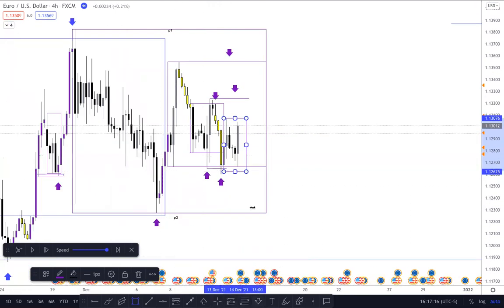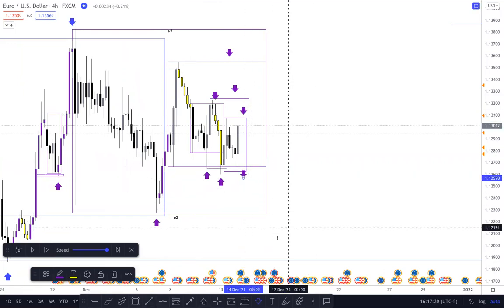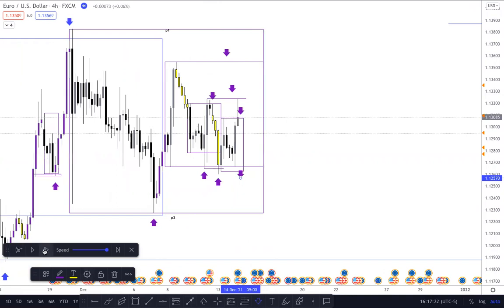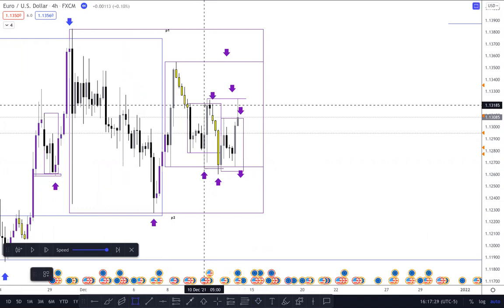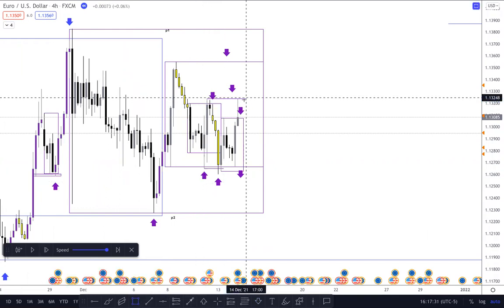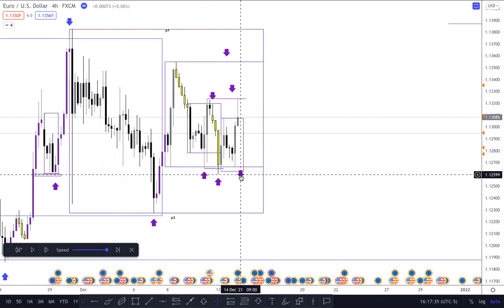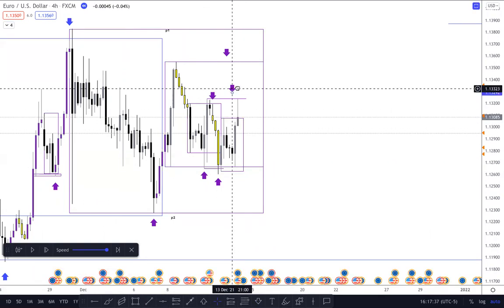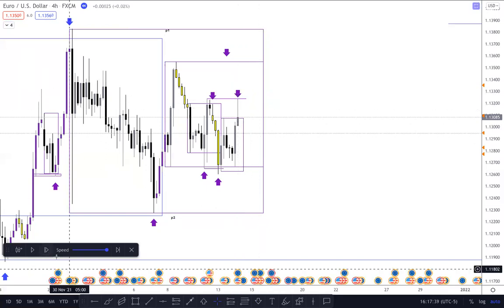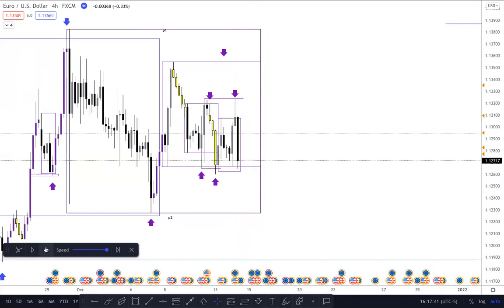We can now assume manipulation here or here. Let's see what happens. Here's our manipulation. We did what? Mitigate the wicks all the way up here. And now, watch how price makes its way down. Boom.